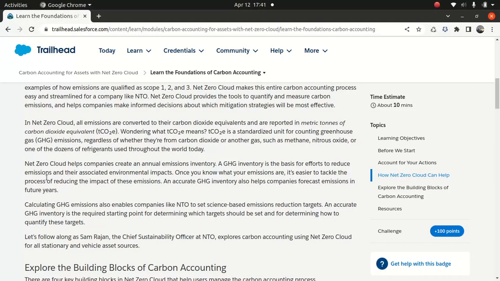So the first thing first, right? If you're a business, let's say, like I always give an example of my company, we at Inspirate the Solution, we have a clear goal of getting net zero by 2030, right? And we are very strict about that. And so to achieve that, we have to measure our carbon footprint, or measure the emission value, or quantify and measure the amount of emission we as a business are contributing.